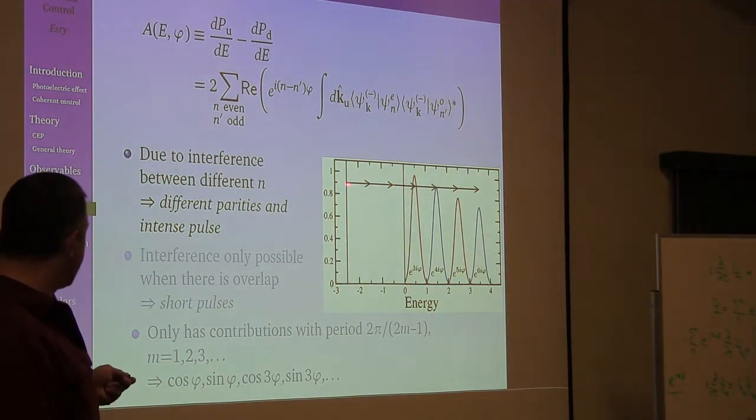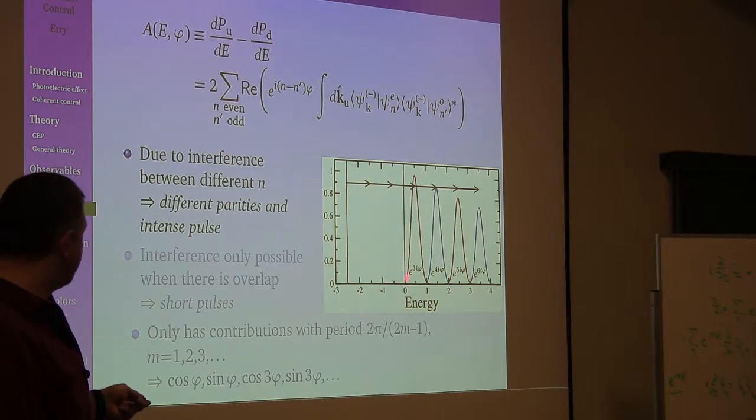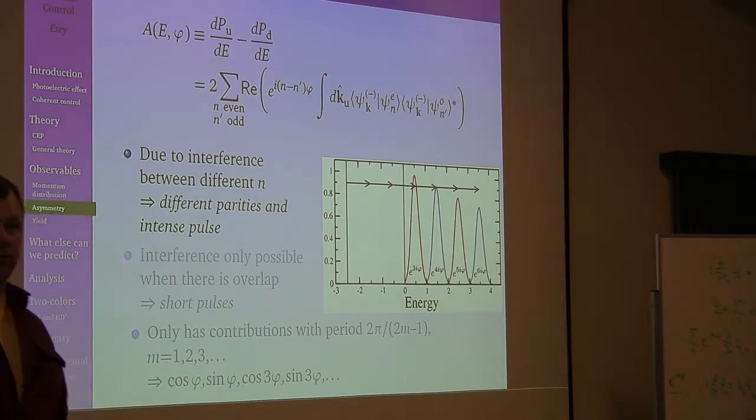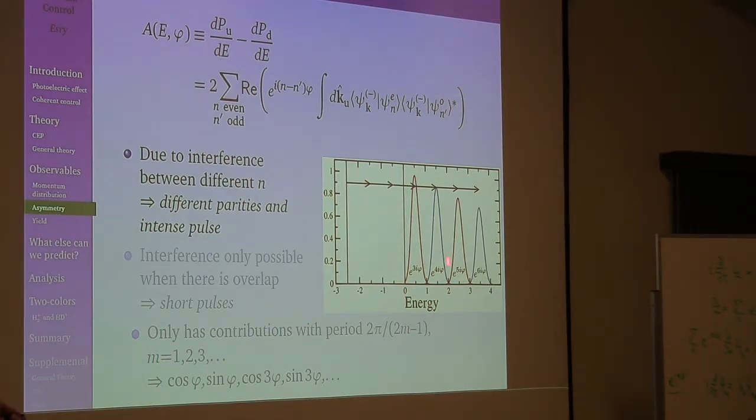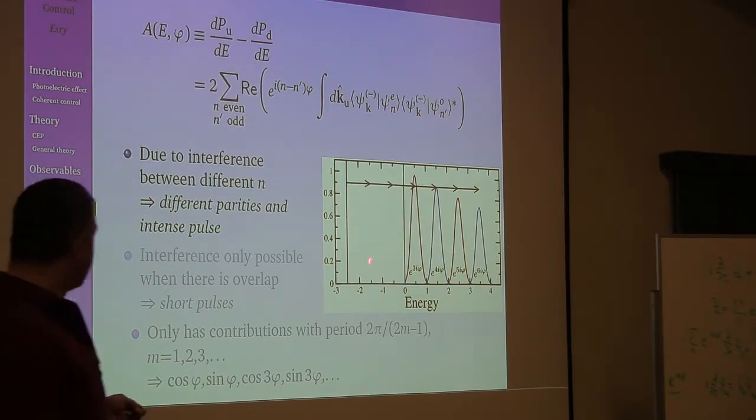If you're sitting in the ground state and you absorb 1 photon, that's 1 arrow, 2 photons, 3 photons. 3 photons get you into the continuum because you're above 0 energy here, you're above threshold. And the peak that you would get in an ATI spectrum might look like this, centered on the 3 photon energy with some width. But you would also get another one at 4 photons, another one at 5, another one at 6, and so on.